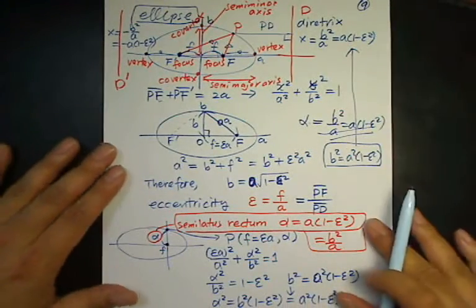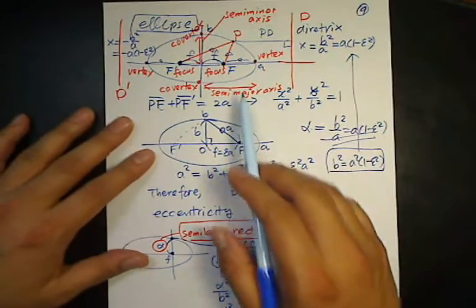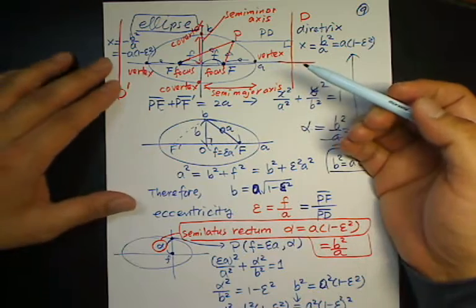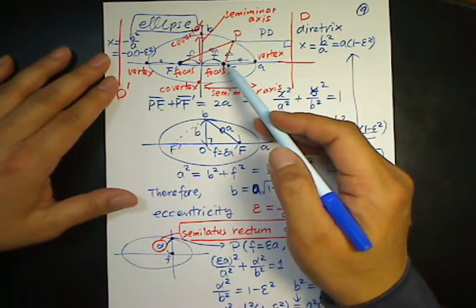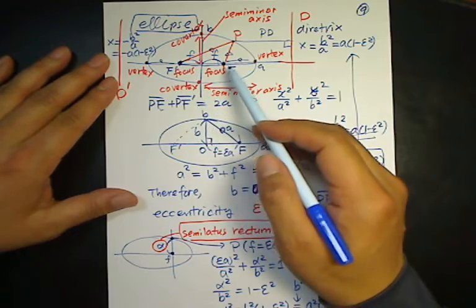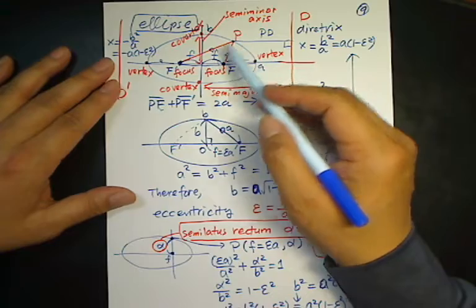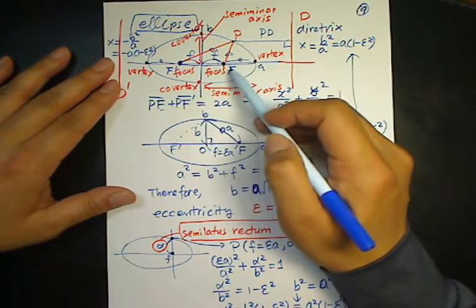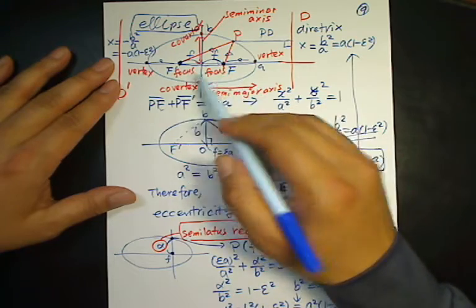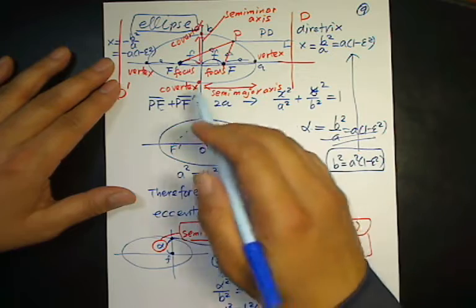Next, we consider elliptic motion. Ellipse can be defined in 2 ways. Just put 2 foci, the right focus and left focus, the trajectory of a point whose sum of distances to the two foci, F and F prime, becomes a constant.